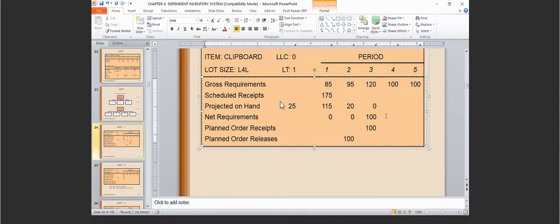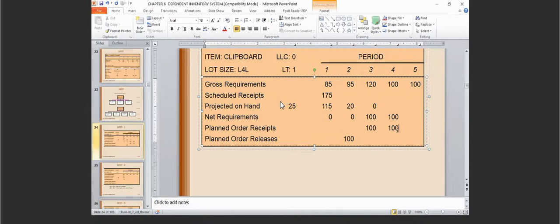So for period 4, since we have no inventory at the end of period 3, the net requirement for period 4 also will be 100. To determine the planned order receipt quantity in period 4, again, we determine based on the lot sizing technique applied for the clipboard, lot for lot. So lot for lot, we have 100 unit here.